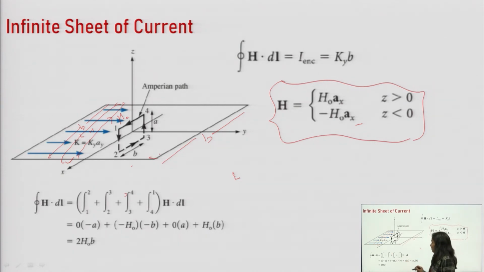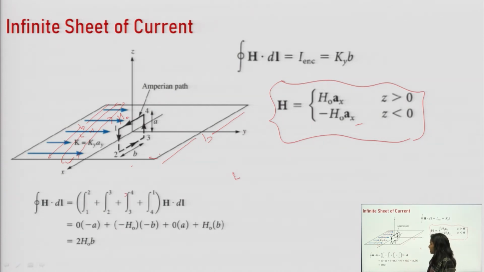If it is not a circle but a rectangle or square, we need to integrate separately for each individual side. Our Amperian path is 1, 2, 3, 4, so we take the integration separately for each side: from 1 to 2, 2 to 3, 3 to 4, and 4 to 1 of H dot dl.